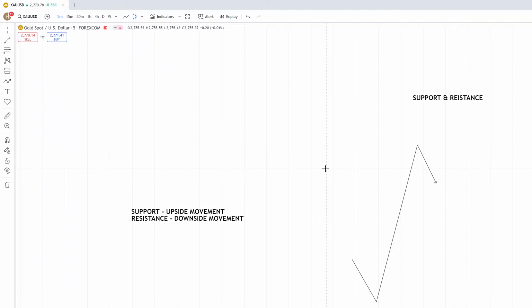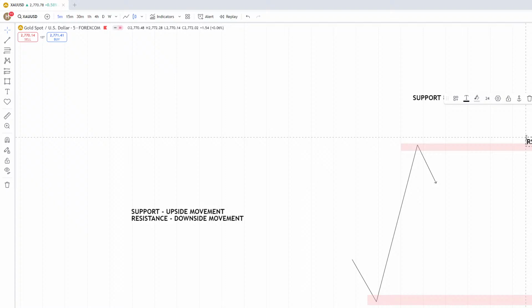Okay, so let's continue. You need to find a high and a low in the market. You mark out your low as your support, and then you mark out your high as your resistance. Resistance is always at the top, support is always at the down. Let me write that down. Resistance at the top and support at the down.